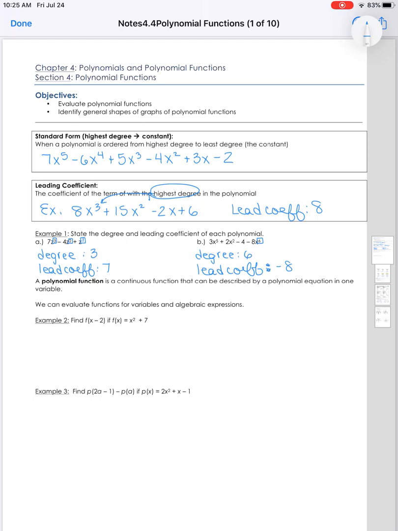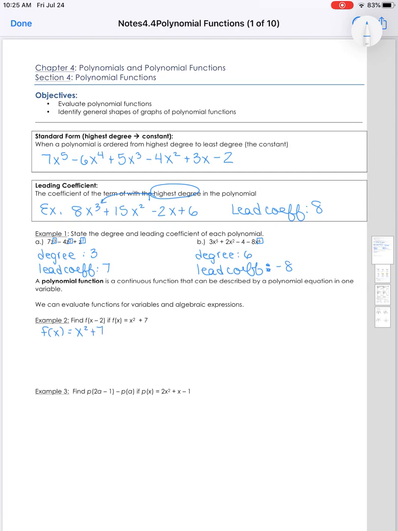And then the leading coefficient has to come in front of that term, which would be 7. For B, the degree would be 6, because that's the highest one. And then the leading coefficient has to come in front of that, which would be -8. It can be a negative value.